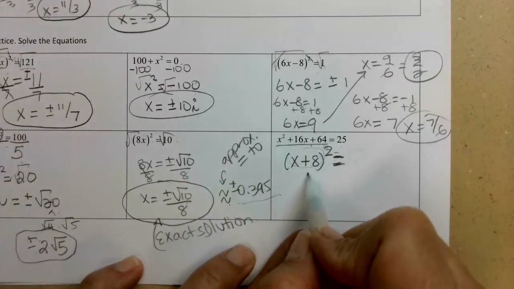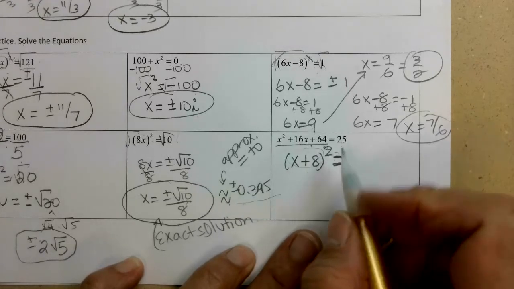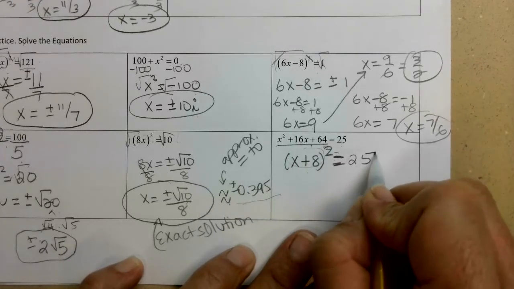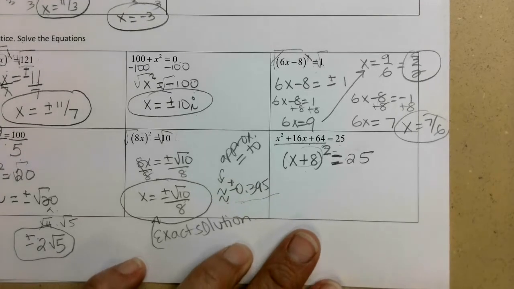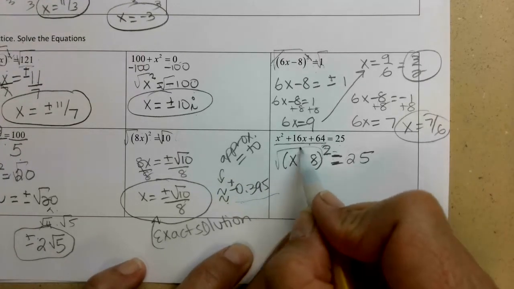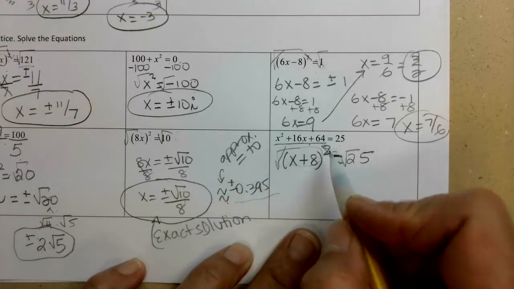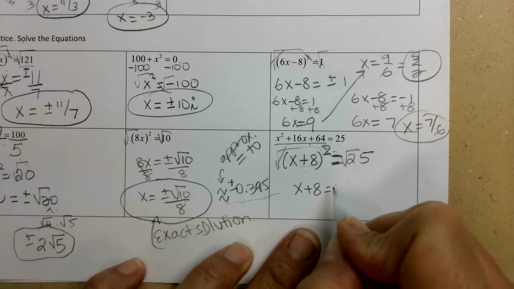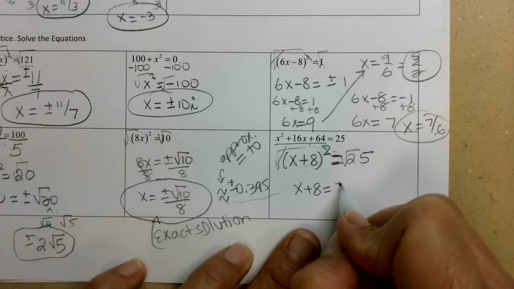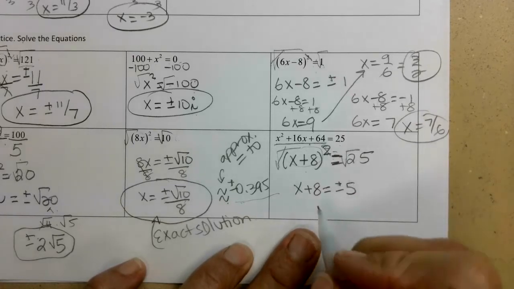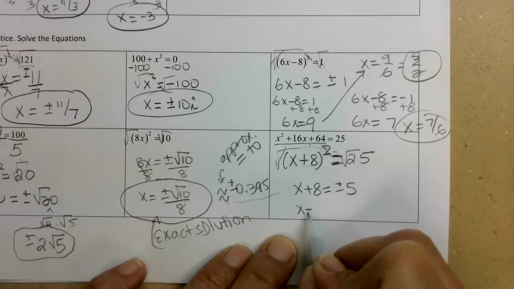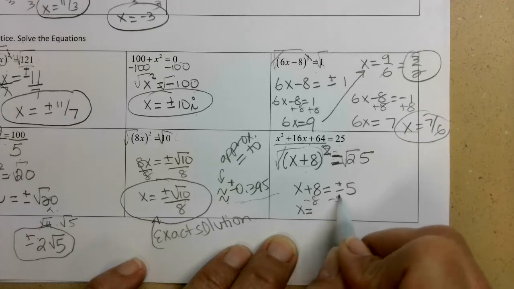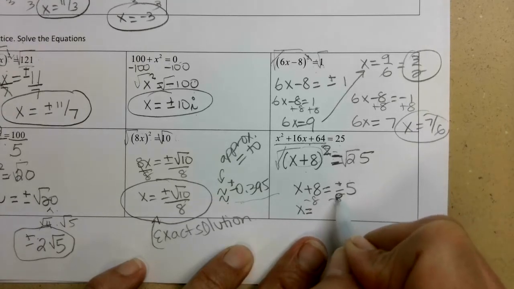So the left side factors into x plus 8 squared equals 25. Exactly the pattern we've been using. So go ahead and square root both sides. x plus 8 equals, I know you're saying it with me, plus or minus 5. Subtract 8 from both sides. Now, careful, I just wrote a 5.